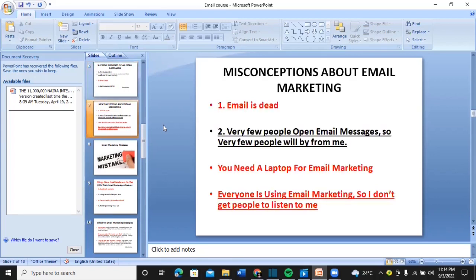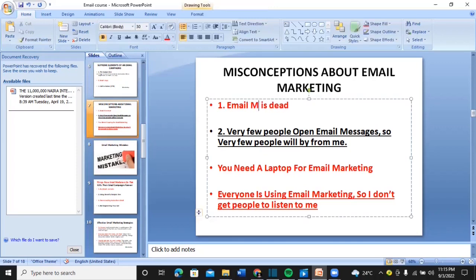And now, what are the misconceptions many have when it comes to email marketing? There are a lot of misconceptions when it comes to email marketing. The number one misconception is that email marketing is dead. We have heard it many times.